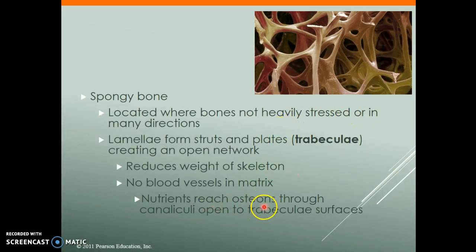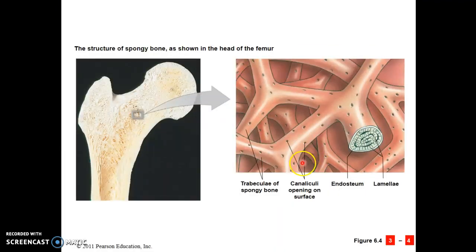Nutrients reach osteons through the canaliculi open to the trabeculae surfaces. So again, this is spongy bone, also called trabecular bone or cancellous bone, and it is found in the epiphysis. Filling these spaces will be red bone marrow where the blood cells are produced.